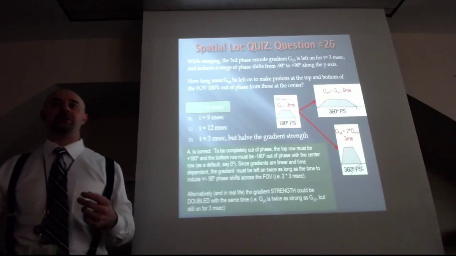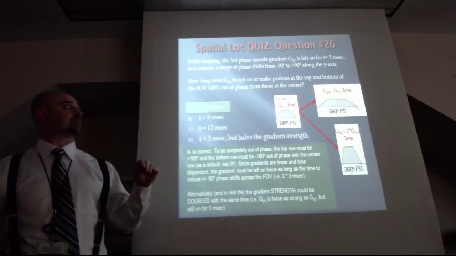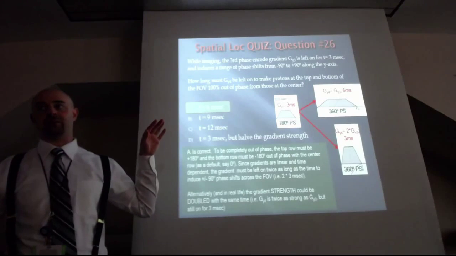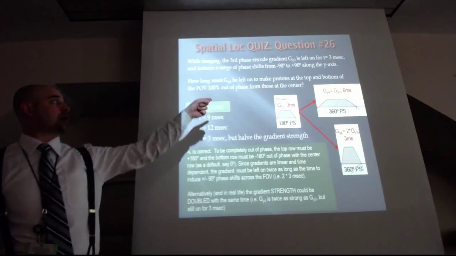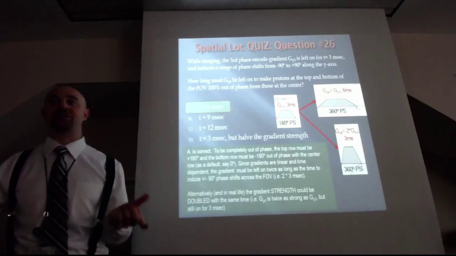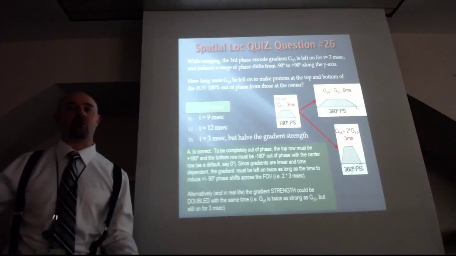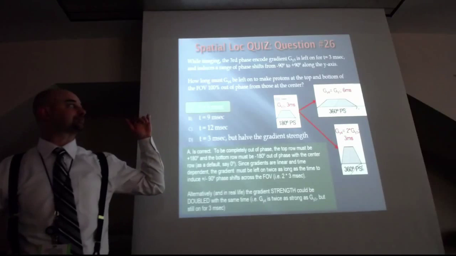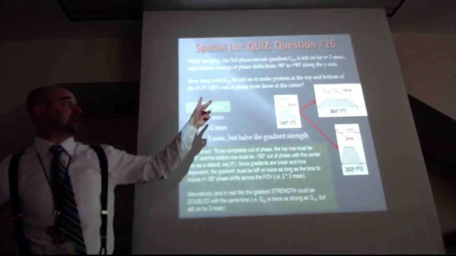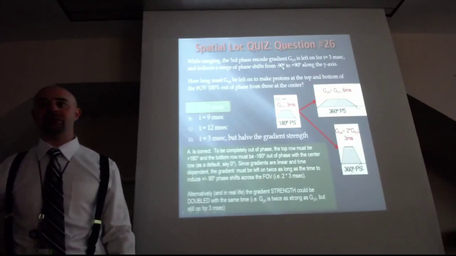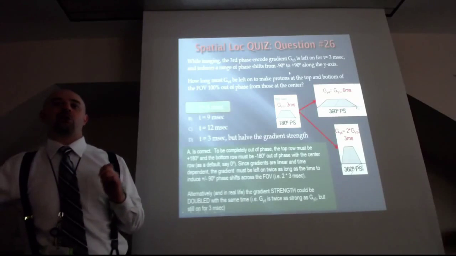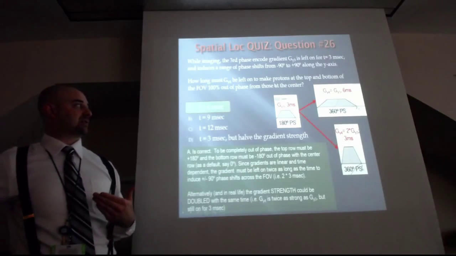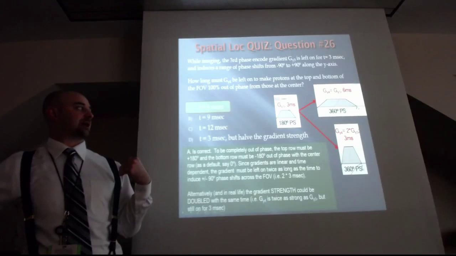So the initial one is from -90 to +90, right? Now, if you want them to be 100% out of phase from the center, that means they have to go from -180 to +180. And that means that you're getting twice the amount of phase shift. So the gradient you need is going to cause twice the phase shift that the G3 gradient caused.